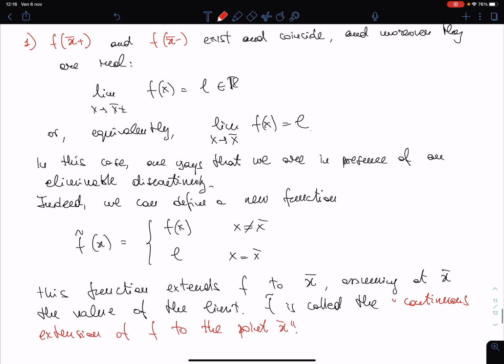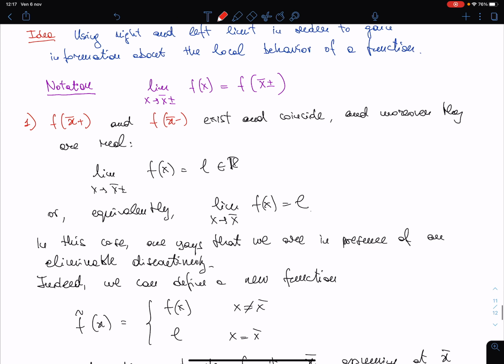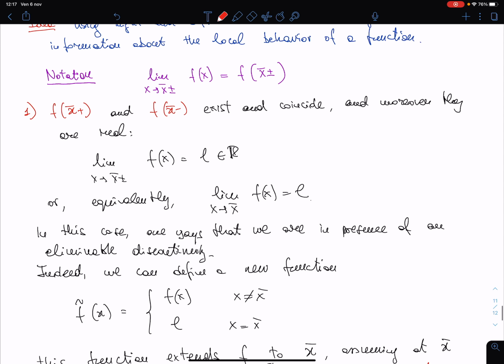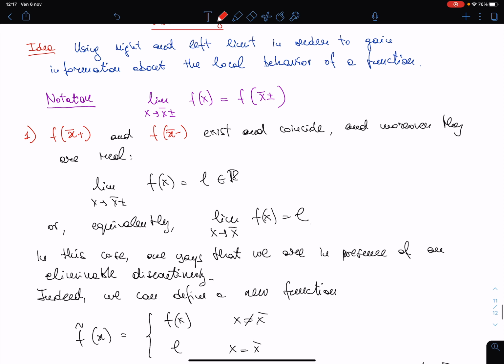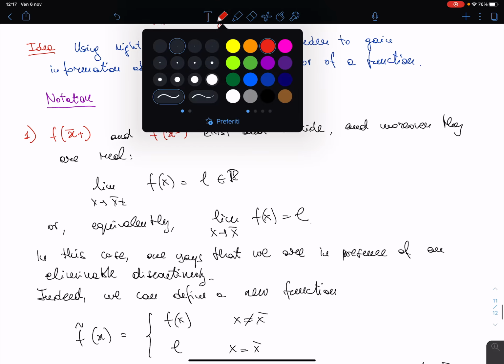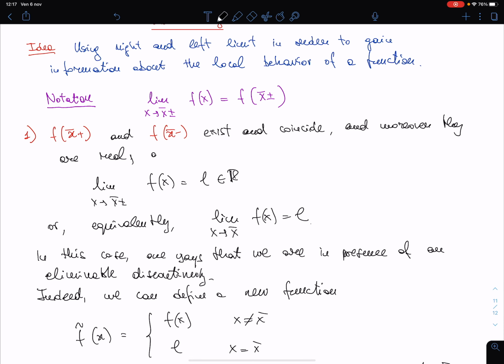So it is continuous. We will complete this notion when studying continuity. What I really forgot to tell you here is that we start from the fact that f is not defined at x bar.